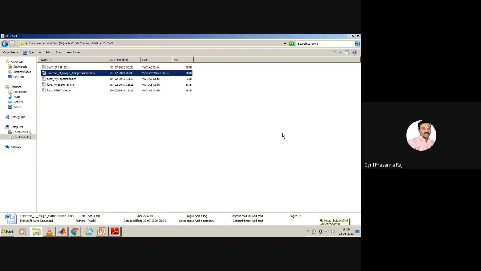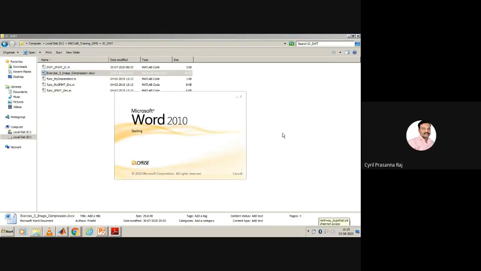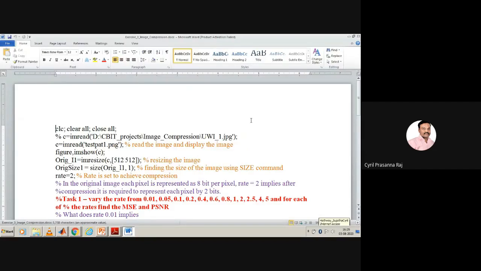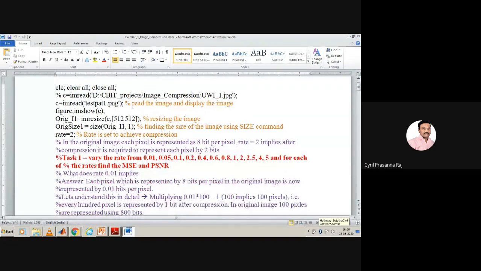Yes, sir. So in exercise 3, I have given you a program. I'll show you what that program is all about. See, this is exercise 3. I've explained what this program is all about by using these comments. Now the task 1 is this. Whatever has been written in red is called your task.